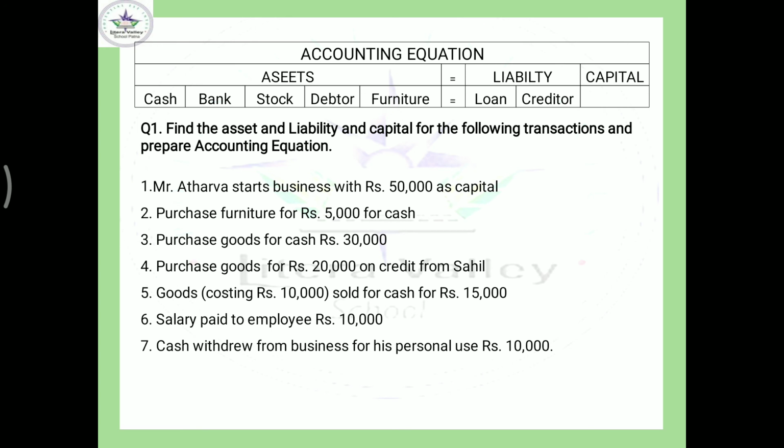Now goods have been purchased for 30,000 and the amount has been paid in cash. You can see stock balance will increase by 30,000 and cash balance will decrease by 30,000. Again the effect will be equal. So you write 30,000 in the stock column and reduce 30,000 from cash, isn't it? So you have to prepare in this manner.